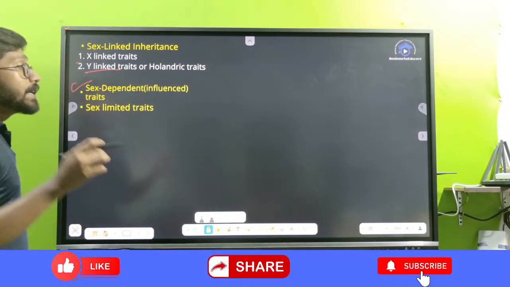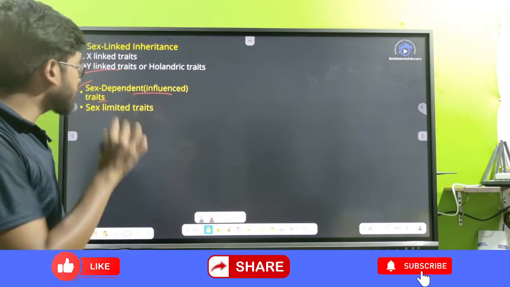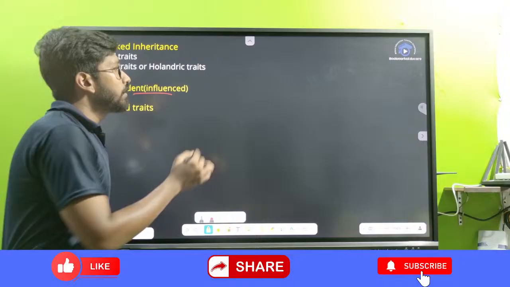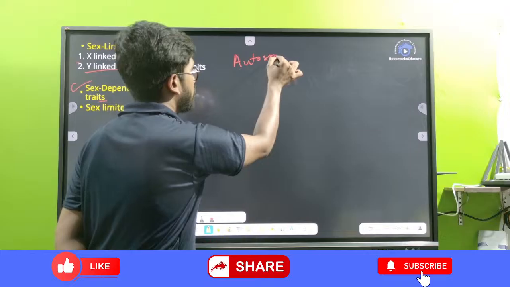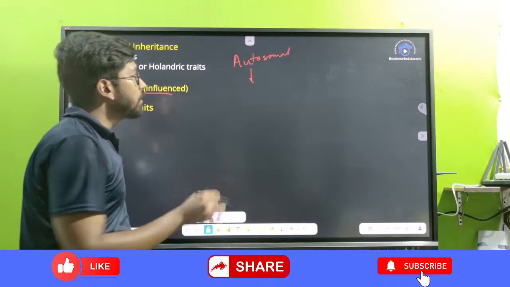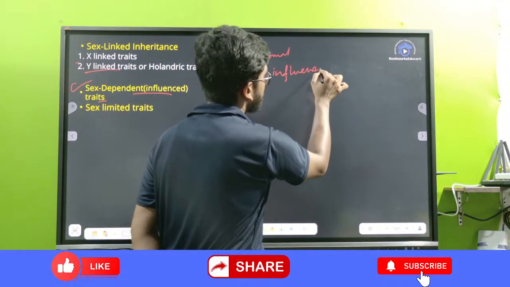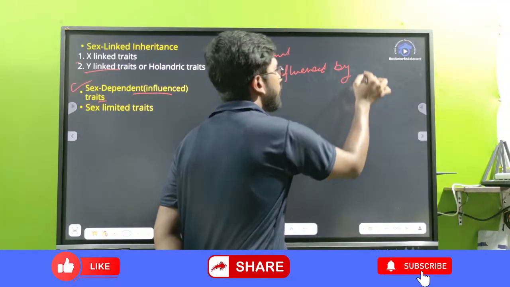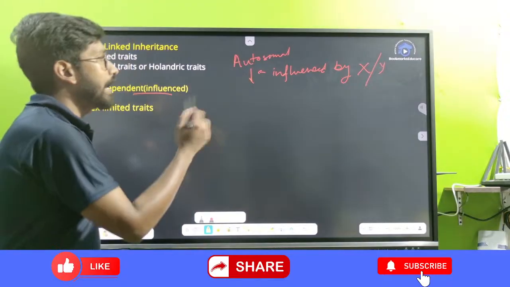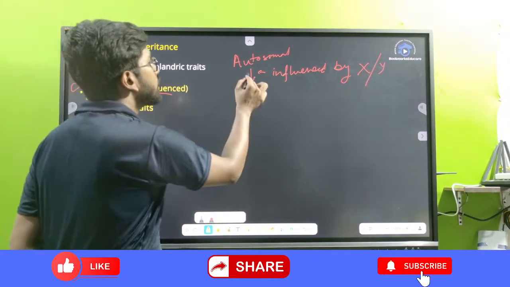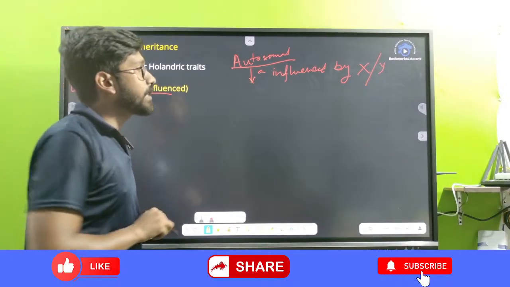Now let's see sex dependent or sex influenced traits. What is a sex dependent or sex influenced trait? It means a characteristic that is autosomal but is influenced by X or Y, as in a gene trait present in your autosome is influenced by your sexual characteristics.